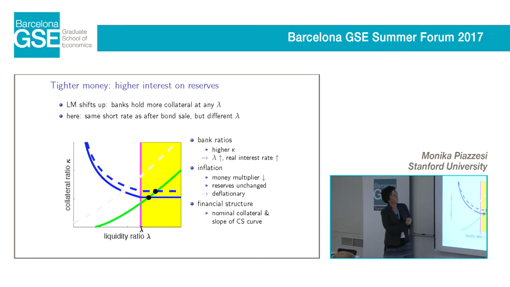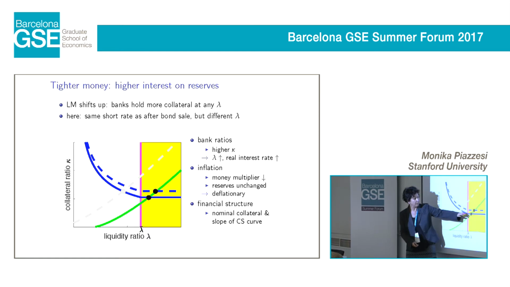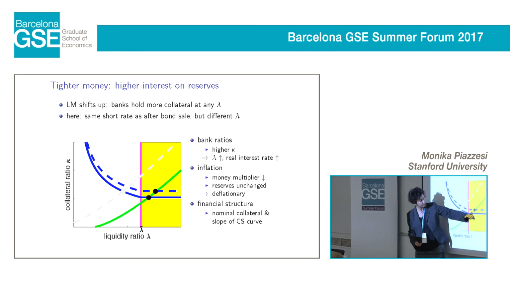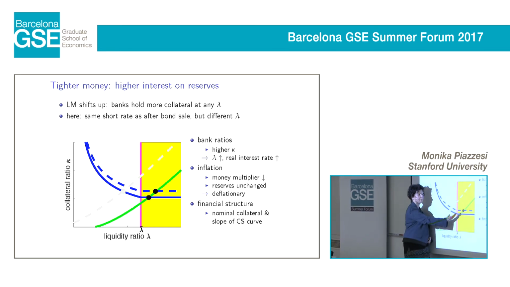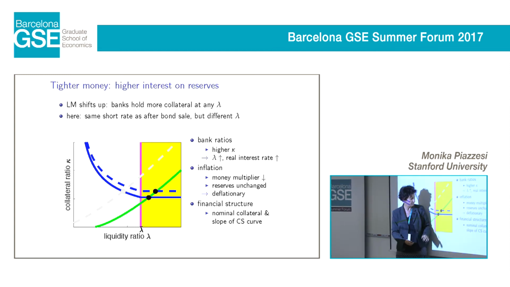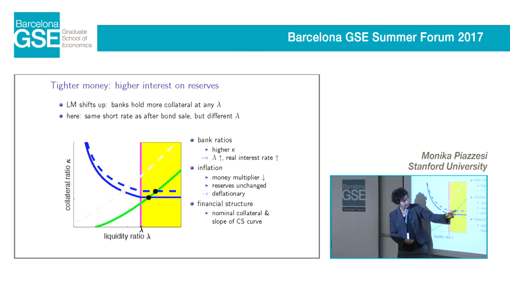Let me say that there's another way of pushing up real interest rates, which is to increase the interest rate on reserves. That shifts up this money demand function. Before we were shifting left the capital structure curve, now I'm shifting up the money demand function, and it's also deflationary, but it shifts up liquidity holdings of banks.